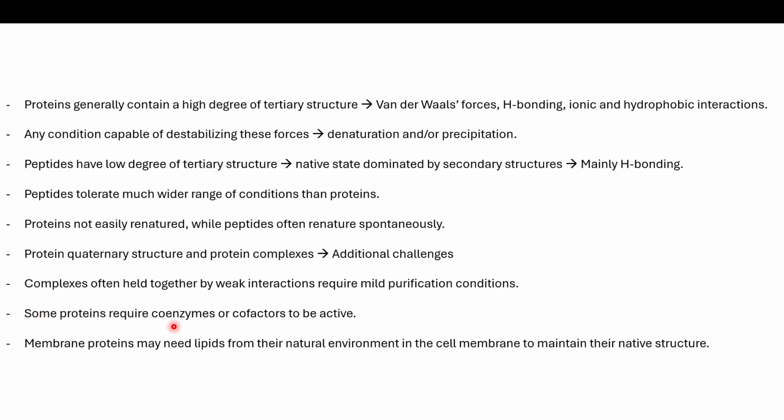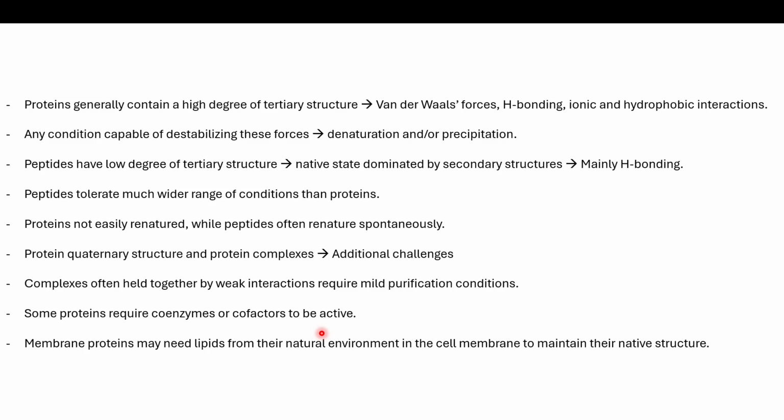And then some proteins require coenzymes or cofactors to be active. So we have to add certain factors to make them active, or there can be some that need a certain temperature. Suppose in the case of ribosomes, which are made up of ribosomal RNA as well as ribosomal proteins. For 30S ribosomes in in vitro assays, it has been seen that they have to be activated so that they get the required conformation for binding to the initiation factors.